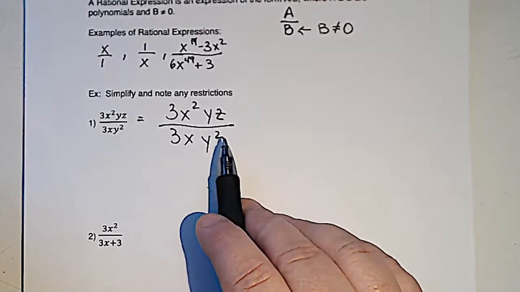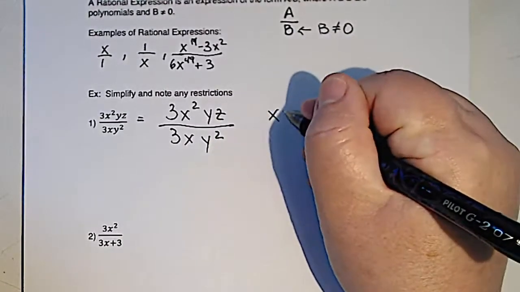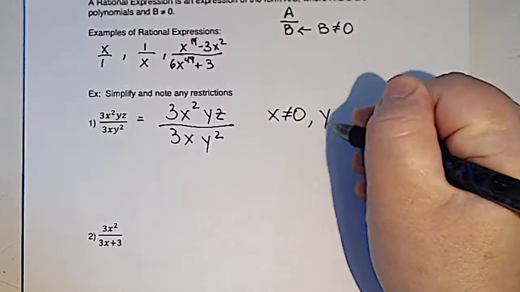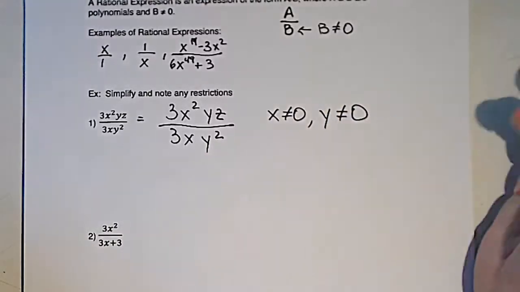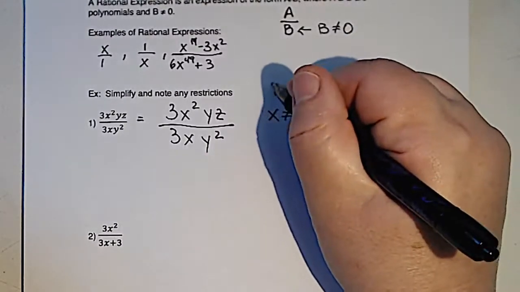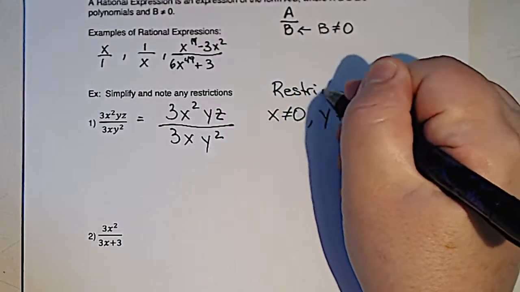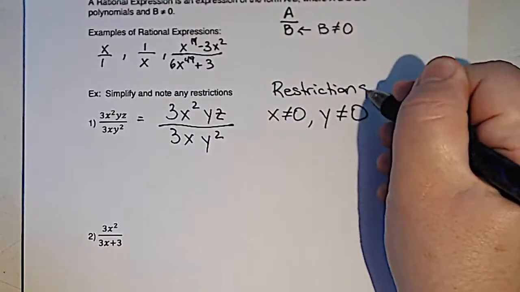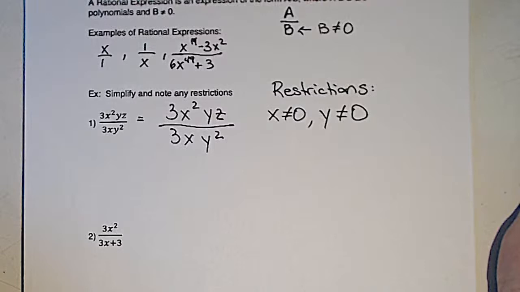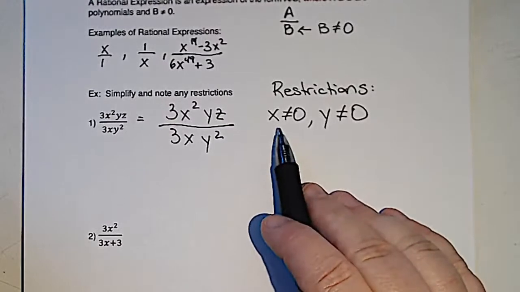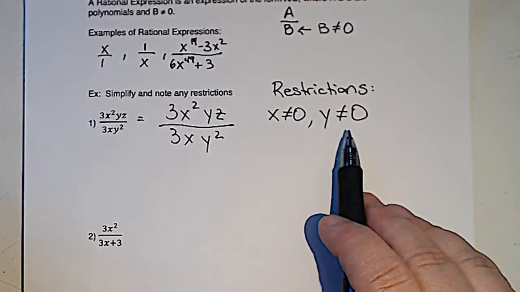So first, right off the bat, I'm going to say, don't let x be 0. Don't let y be 0. Those are our restrictions. We're restricting the domain, or restricting what variables can be equal to. So x can't be 0, y can't be 0. Okay, let's keep going.